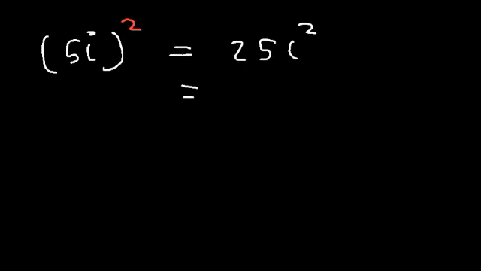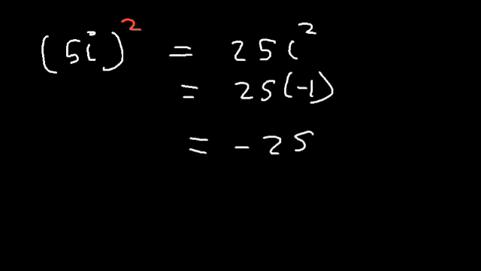Try this one. What is 5i raised to the second power? So 5 squared is 25 times i squared. So this is going to be 25 times negative 1, which is negative 25. Now what about this?